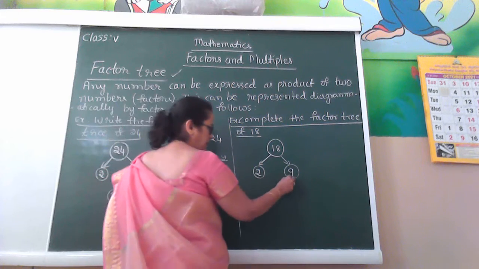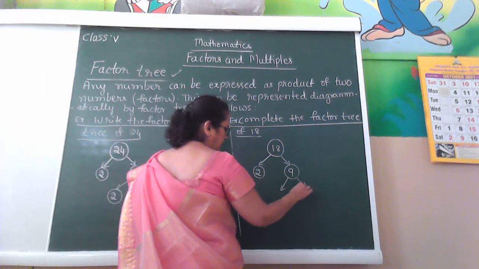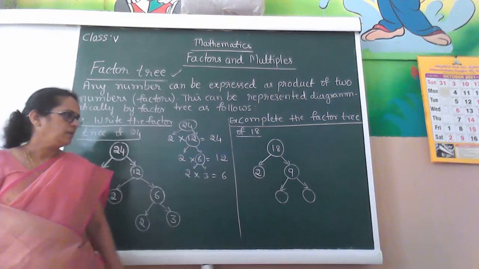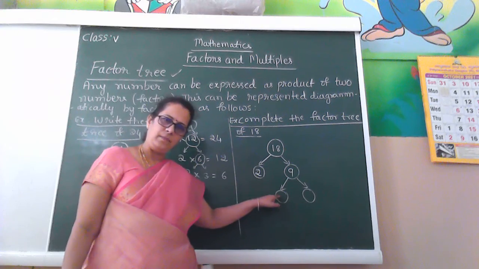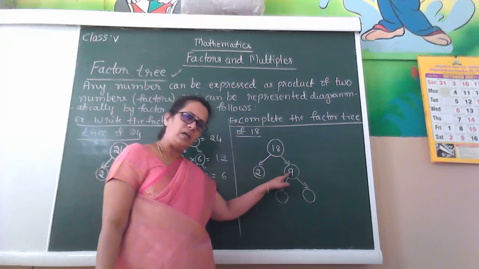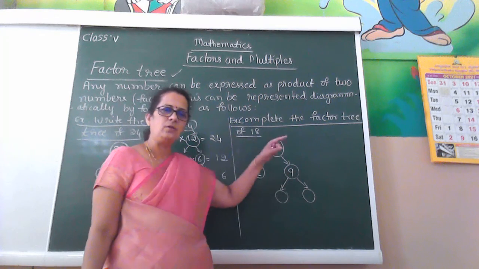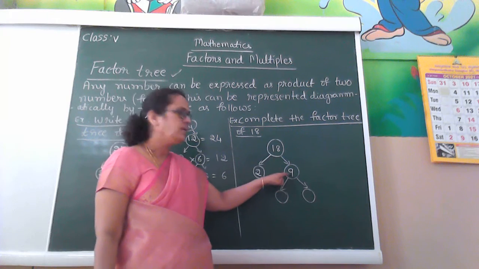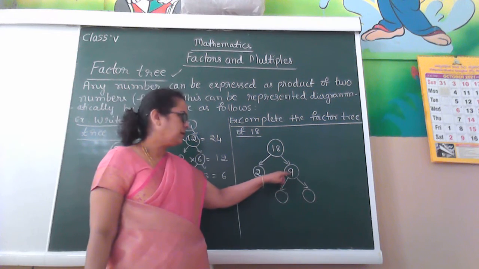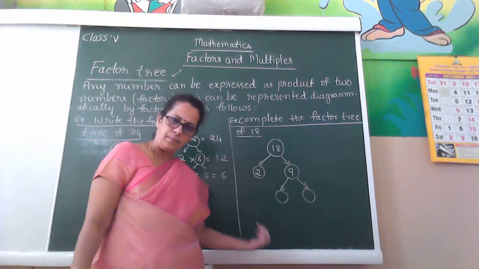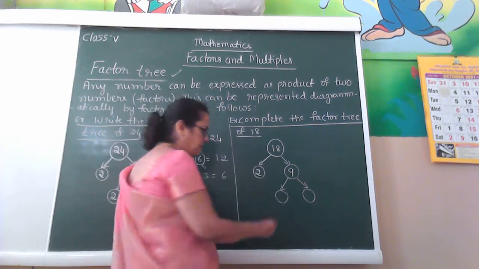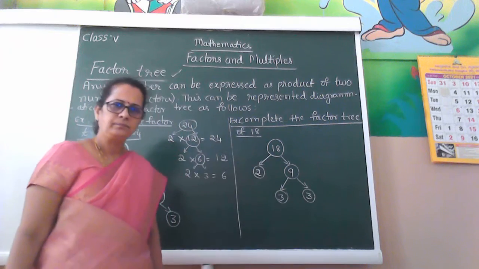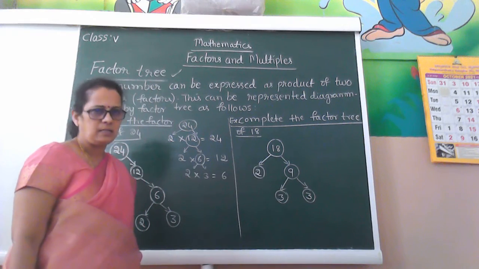Again, if you multiply by any number, you should get 9. Which are those numbers? Any number in the 2 table, you won't get 9. So the next table is 3. Yes, 9 is a multiple of 3. It is 3 3s are 9.